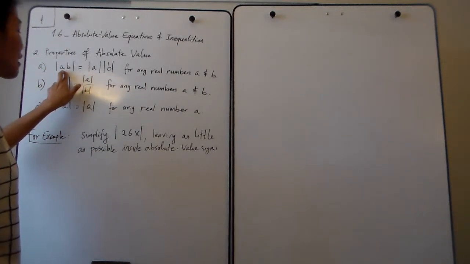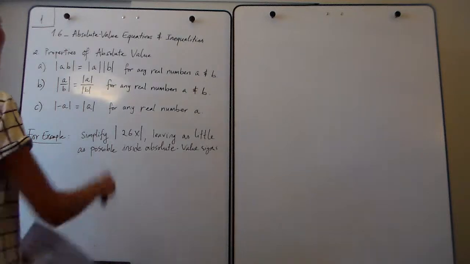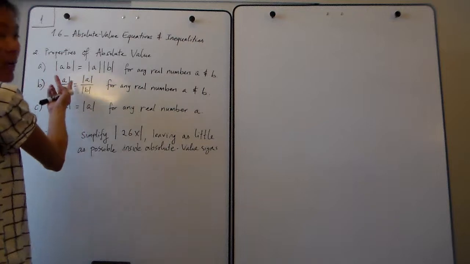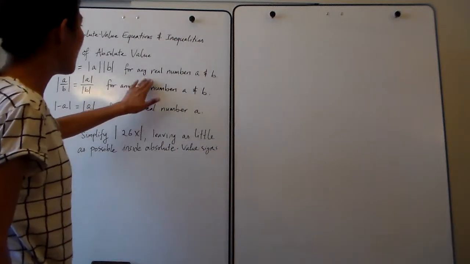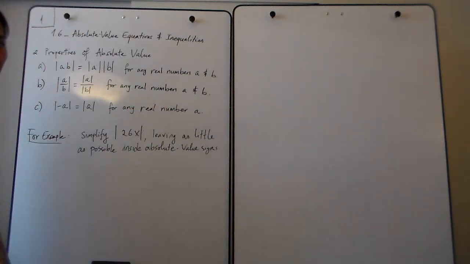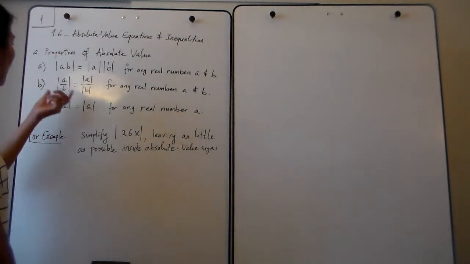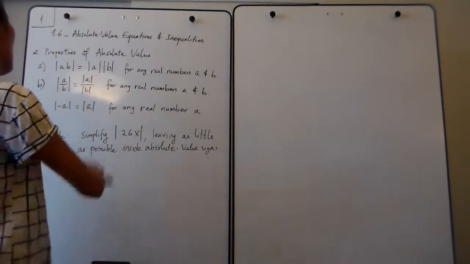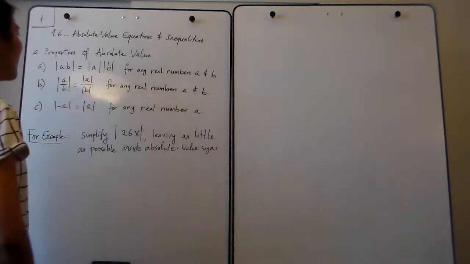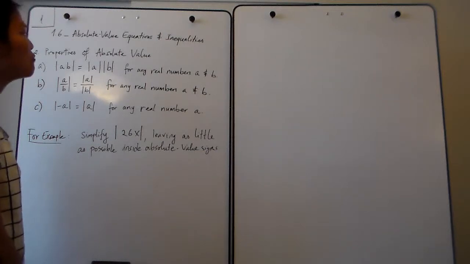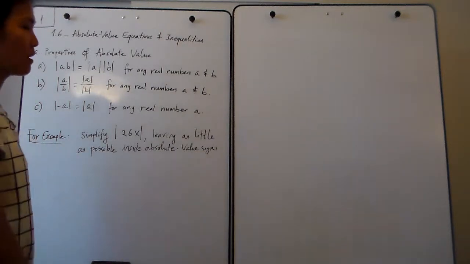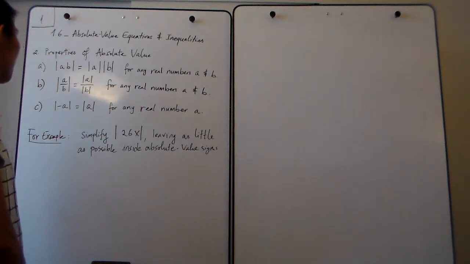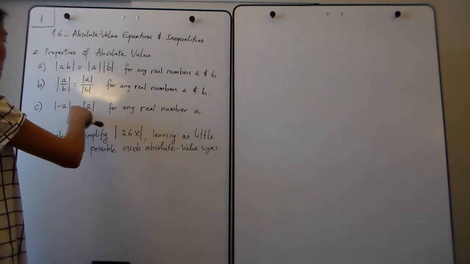Absolute value of A times B is equal to absolute value of A multiplied by absolute value of B. You're splitting it, for any real numbers A and B. For the second property, absolute value of a quotient A divided by B is equal to absolute value of A divided by absolute value of B for any real numbers A and B. And when you take the absolute value of a negative number, it's always equal to the absolute value of the opposite number, okay?